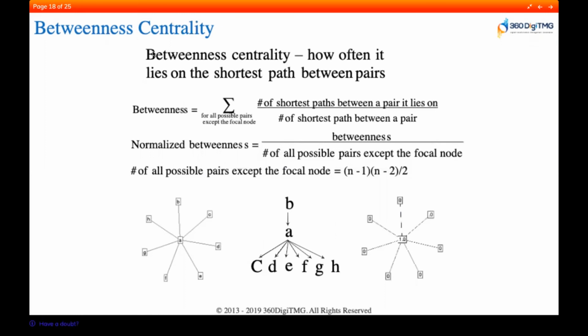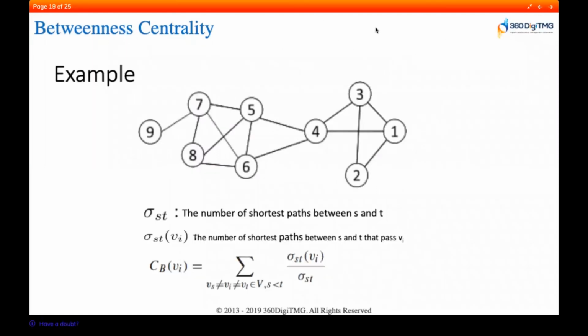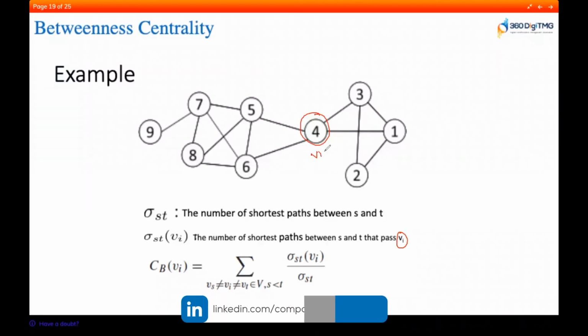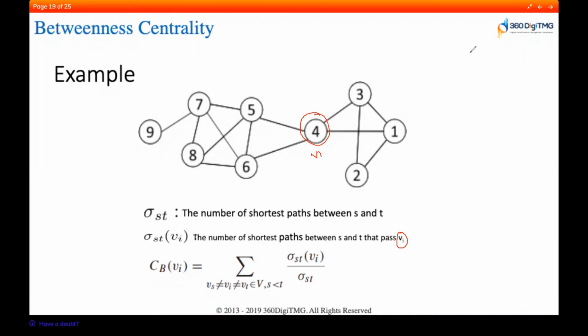Number of shortest distance between S and T. So let's take an example. I would like to find 4 in my network. So 4 is called V1, or Vi, because that is going to be my node. So what are the direct connections that it has? Let us say I have 1 and 4.